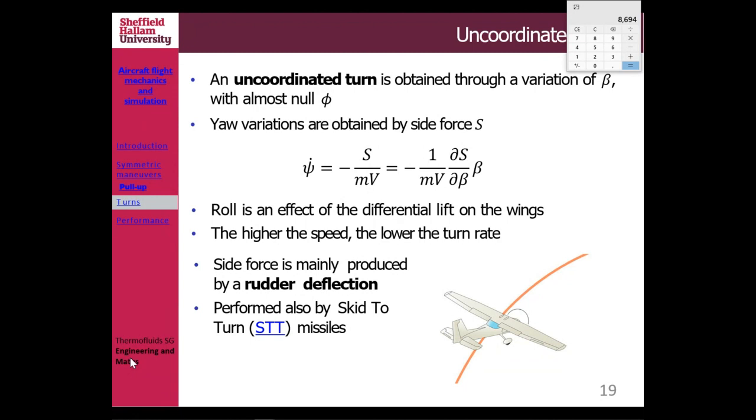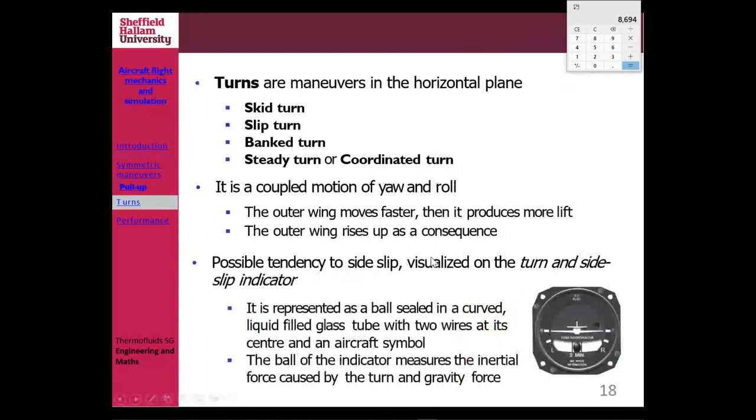So now this is one of the maneuvers that I'm going to speak about today. I think it's better to put that in the previous slide, which should start with this. Yes. So there are different types of turns. The first one is obviously the skid and slip turns, which I'm going to talk about later on.